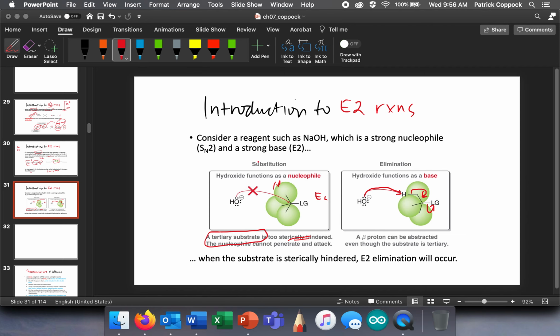So you can see that for tertiary, substitution is going to be disfavored. Actually, it's going to be impossible, because we're going to say tertiary substrates don't undergo substitution, in which case, if you have a beta hydrogen, then elimination can occur. We're going to tease these out much more over the next several conversations.